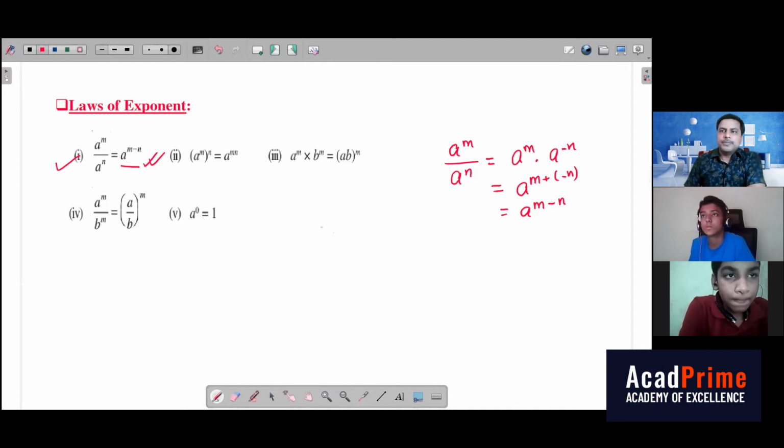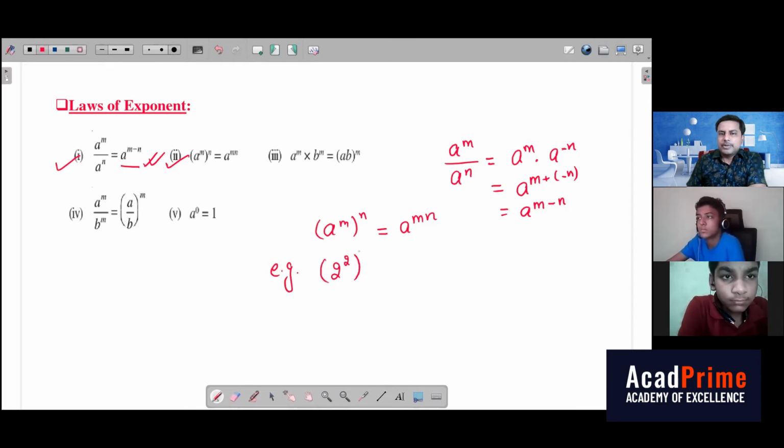Yes. Okay, now let's come to the next one. It has been given that a raised to the power m, and whole raised to the power n. Then we just write it as a raised to the power m n. Suppose we take an example: 2 raised to the power 2 and whole raised to the power 3.